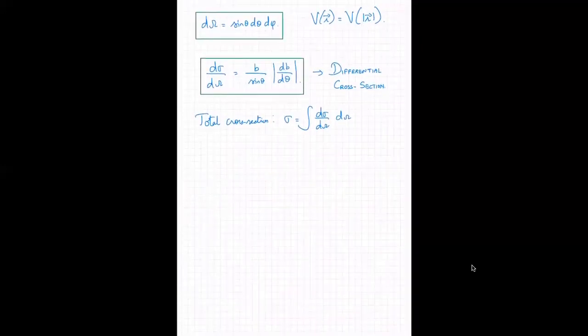So just to drive home the point, we will quickly look at one example, which I will not work out, but to reinforce the physical aspect of what cross-section is. A very common example that is given is what is called hard sphere scattering in classical mechanics. What is hard sphere scattering?